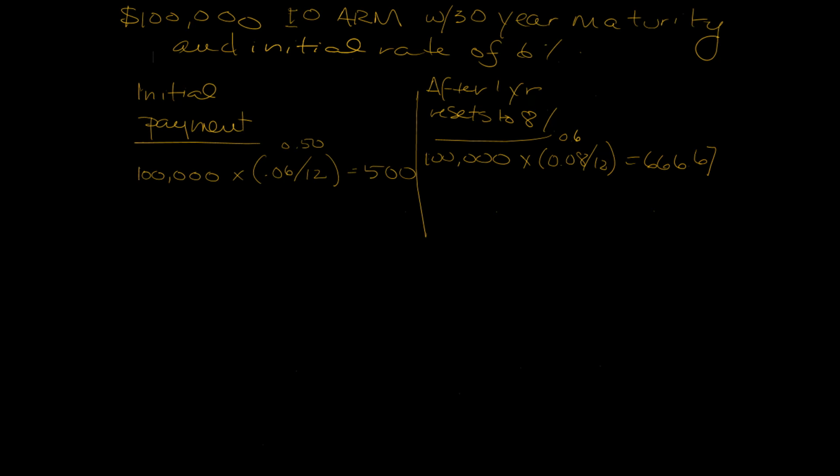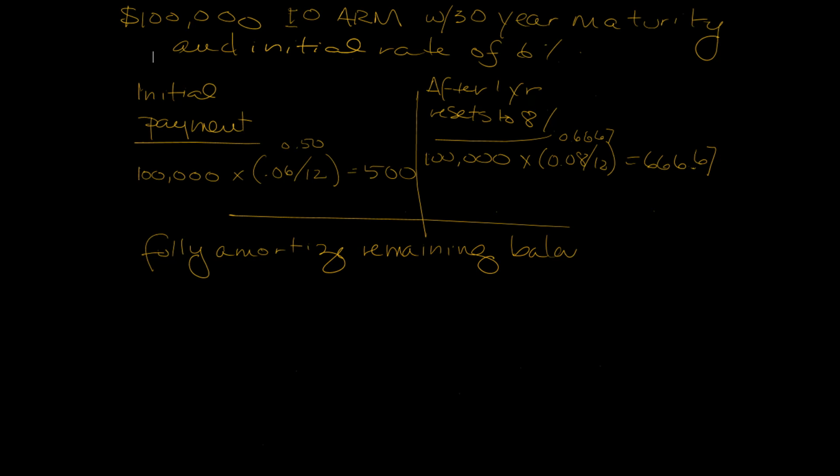Now, what if the borrower instead wishes to make payments which will fully amortize the loan balance over the remaining term? What would be the new payment? Well, 1 year has passed, so there's 29 years left on this mortgage. So N is going to be 29 times 12, which is 348. The interest rate will be that new rate of 8%, so 8 divided by 12, or 0.6667.